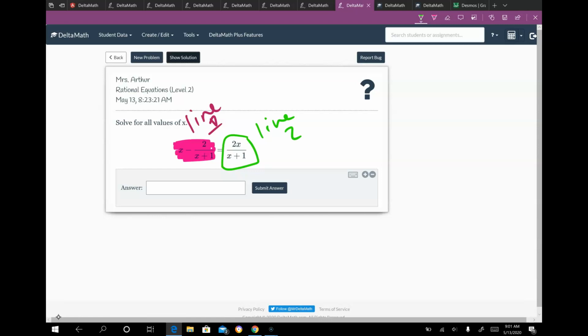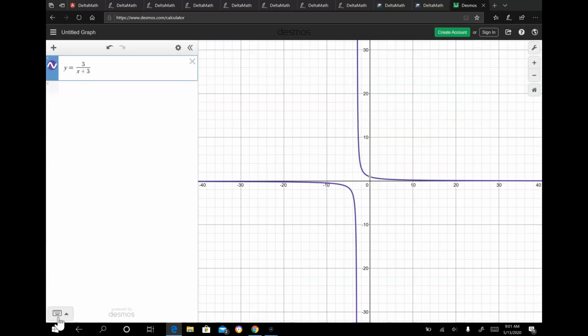Now, I'm going to tell you, because I've solved all these before, when you solve this, you get x equals 2 and negative 1. But negative 1 is going to be rejected, and your answer is just going to be 2. And I'm going to show you that Desmos rejects that answer for you.